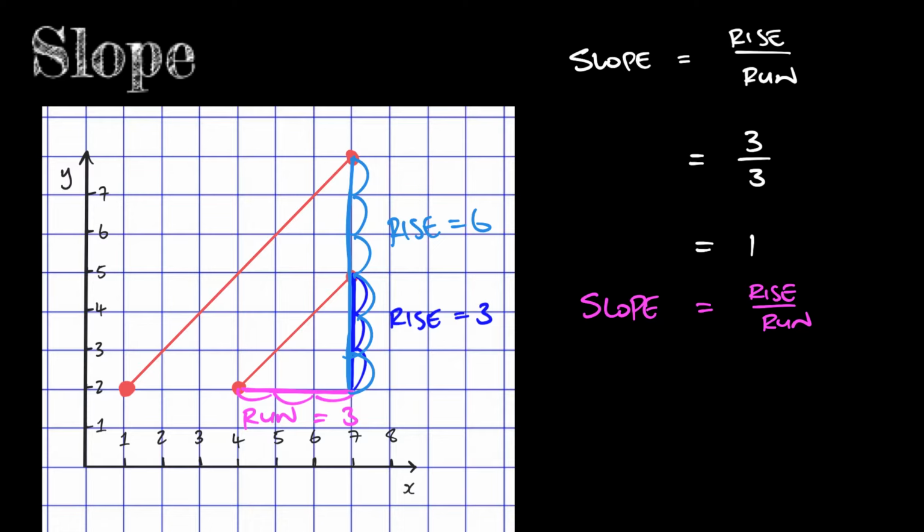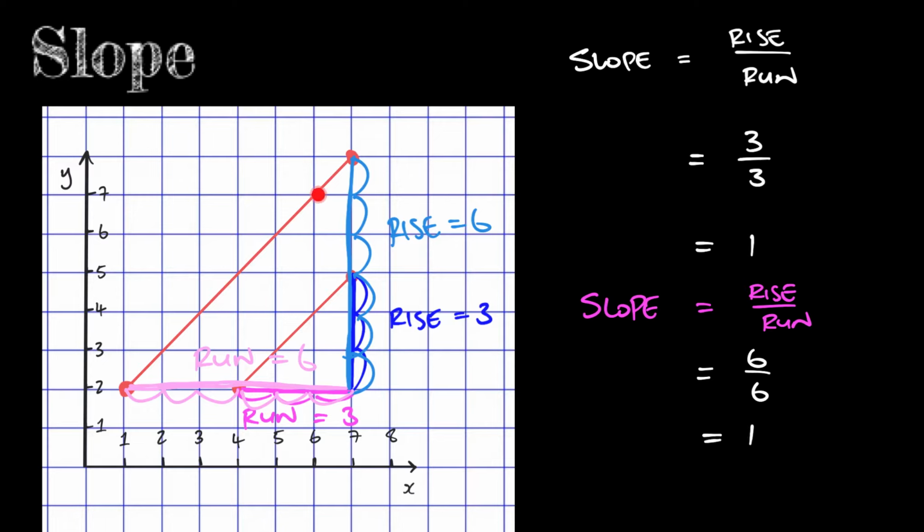So the run this time is going to be from here to here. Okay, so it's going to be 1, 2, 3, 4, 5, 6. So the run this time is going to be equal to 6. So I'll get 6 over 6. And that gives me an answer of 1, because 6 divided by 6 leaves me with 1.